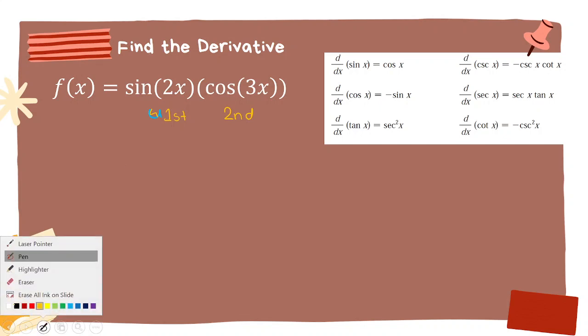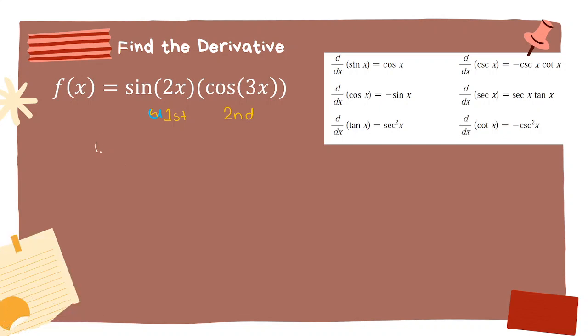So, paano ba tayo nagpa-product rule ulit? If we have UV, the answer is U times dV plus V dU. Left copy times derivative ng right plus copy times derivative ng left. So, yun yung product rule.